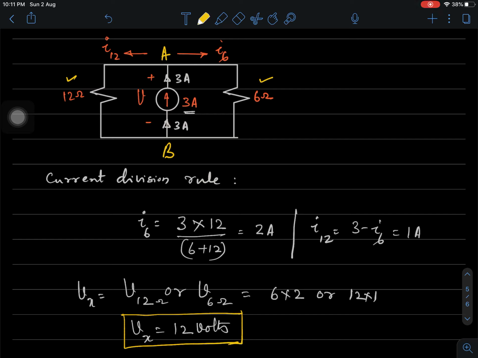Just before attempting elaborate problems, I thought let us have a quick look at some simple problems wherein we have different combinations of resistances in series and parallel, and you have voltage sources and current sources, and how to compute the various quantities in different parts of the circuit. Hope these examples are helpful in understanding these concepts.